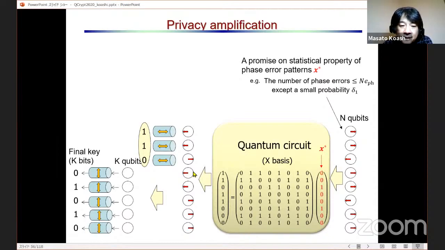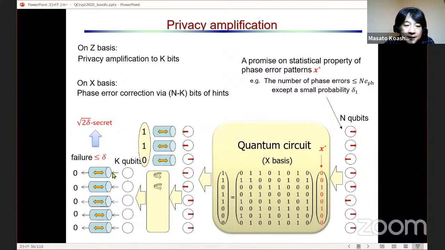Then actually we know the pattern here of these qubits. So that means we can rotate these left pointing guys such that if we measure these qubits on the X basis, then surely the outcome will be the same. So if we can do this with failure probability smaller than delta, then this means that the final key after the privacy amplification is epsilon secret, like this.